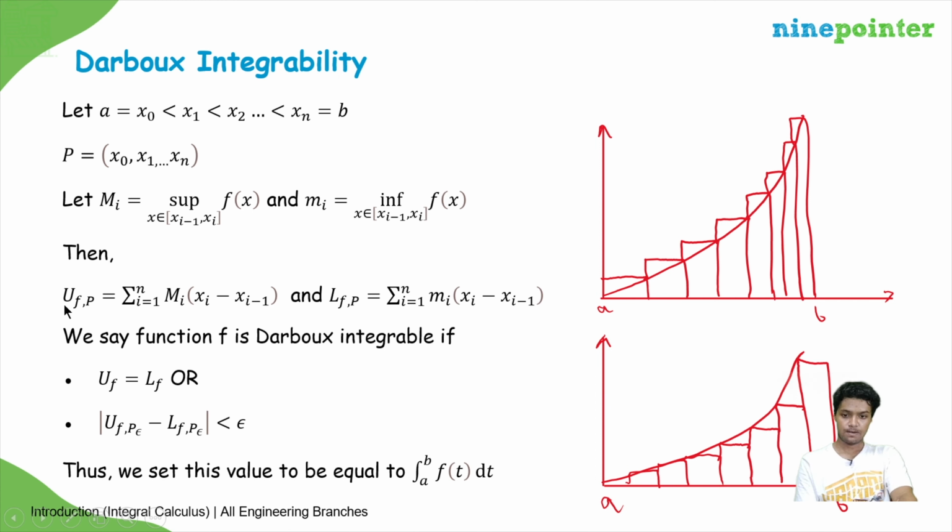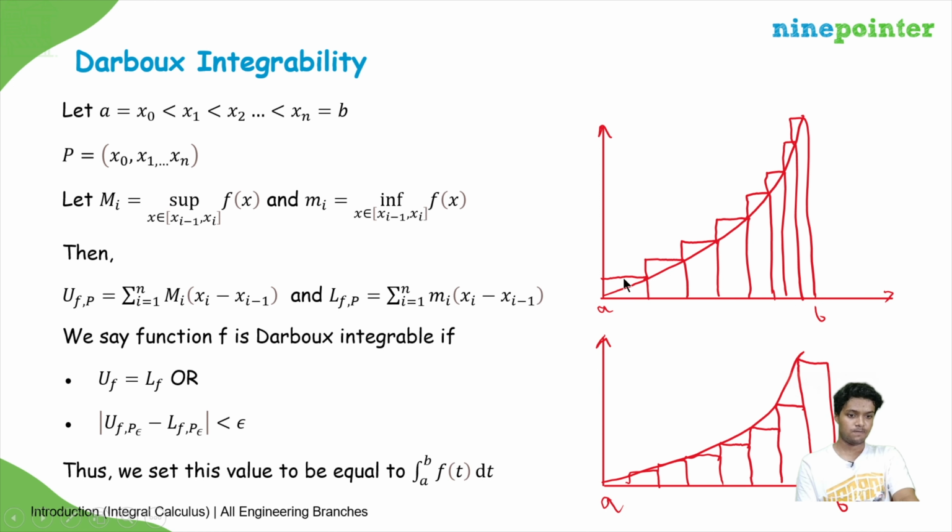Then we will define U and L, the upper sum and lower sum, which are estimated by summing all the rectangles for x belonging to x_{i-1} to x_i. So the lower sum will be the sum of all the rectangles bounded by the lower value, and the upper sum will be the sum of rectangles bounded by the higher value.